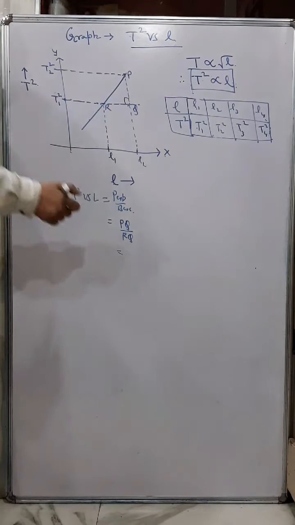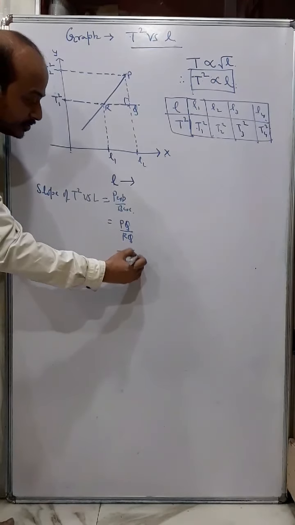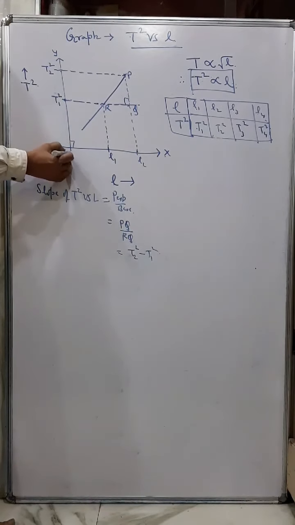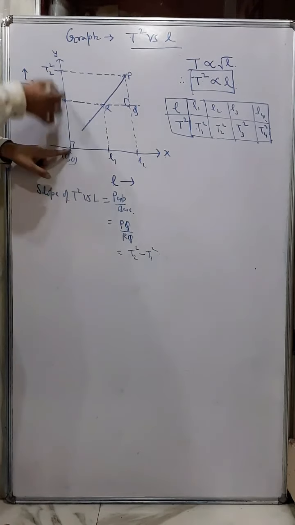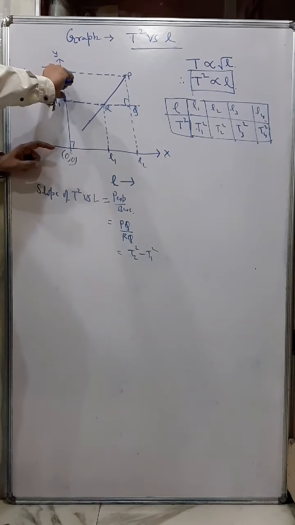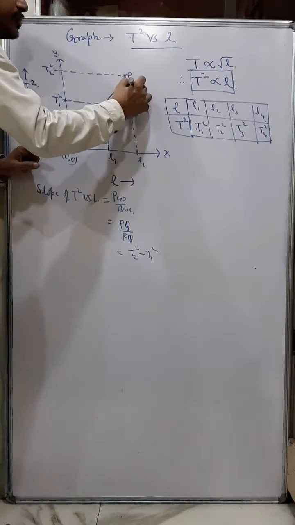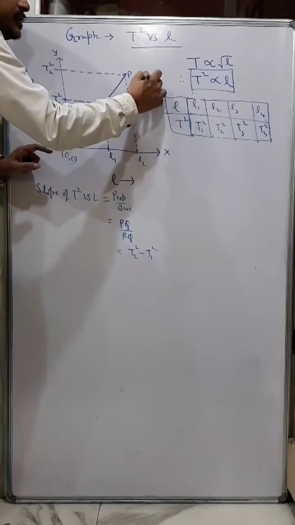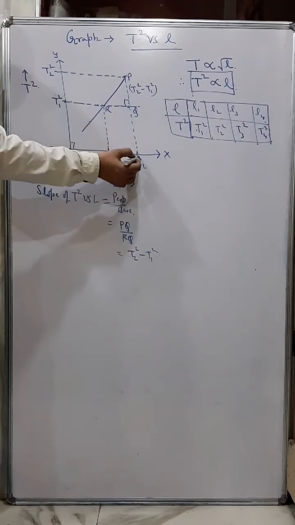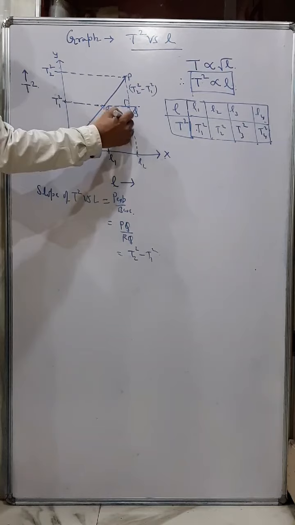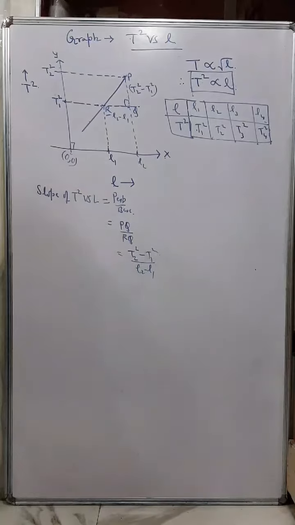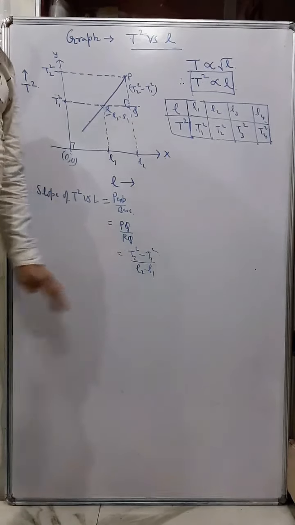Try to understand, this length actually means T2 square minus T1 square, because from the origin to here it is T2 square, and from here to here the length is T1 square. So the perpendicular is T2 square minus T1 square. And similarly the base will be L2 minus L1. So this is how we get the value of the slope.